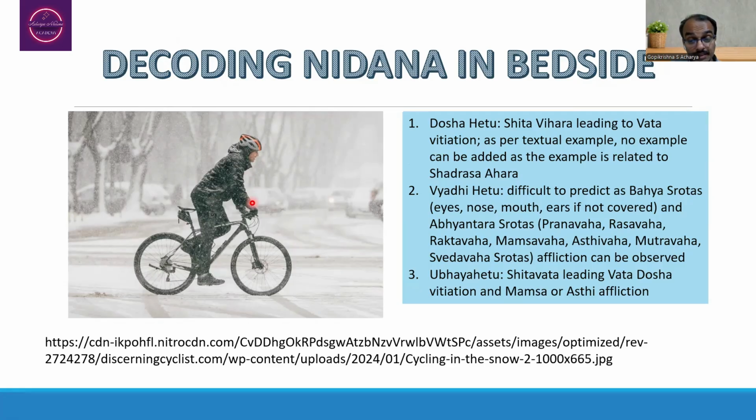As far as ubhaya hetu is concerned, we have to decide depending upon the patient's presenting complaint. So here shita vata leads to vata dosha vitiation, plus there may be the possibility of mamsa or asthi affliction, we may suspect, when thinking from the angle of ubhaya hetu.